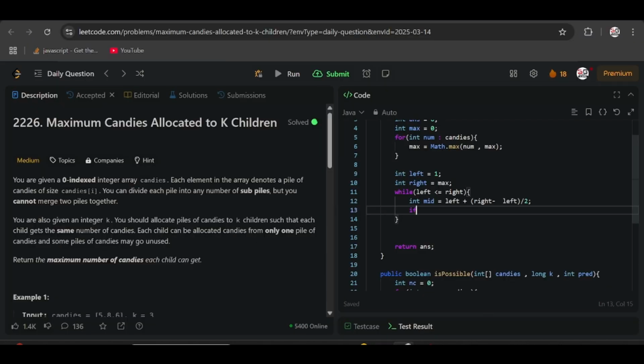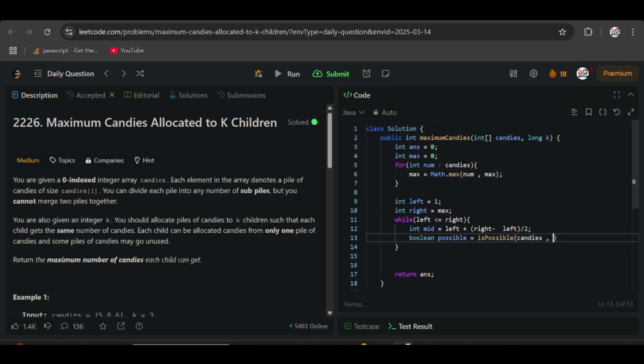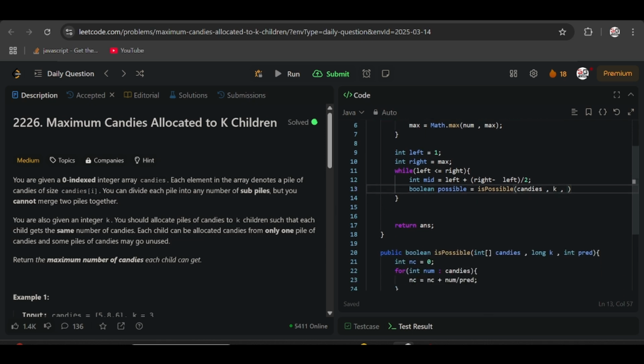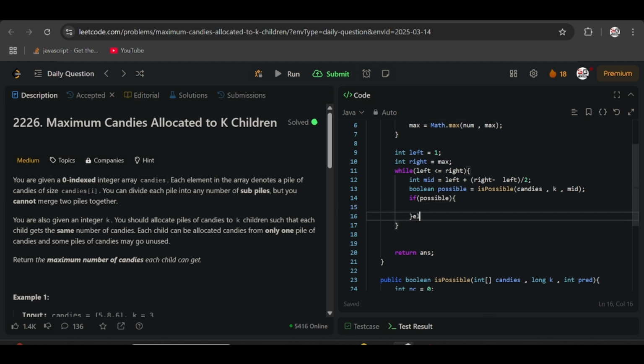I just got my mid here. Now what I said, I will be checking whether it is a possible solution or not. So let's just check if it is possible or not. I will be passing candies, the value of k, and my prediction is mid. So if it is possible, then do something, else do something.